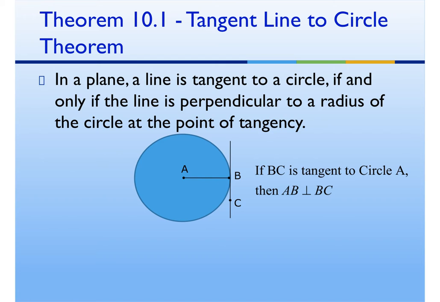Tangent line to circle theorem, okay? In a plane, a line is tangent to a circle if and only if the line is perpendicular to a radius of the circle at the point of tangency, okay?